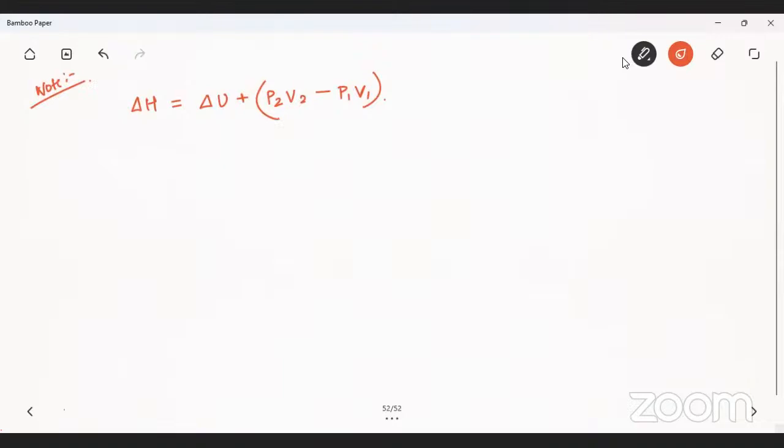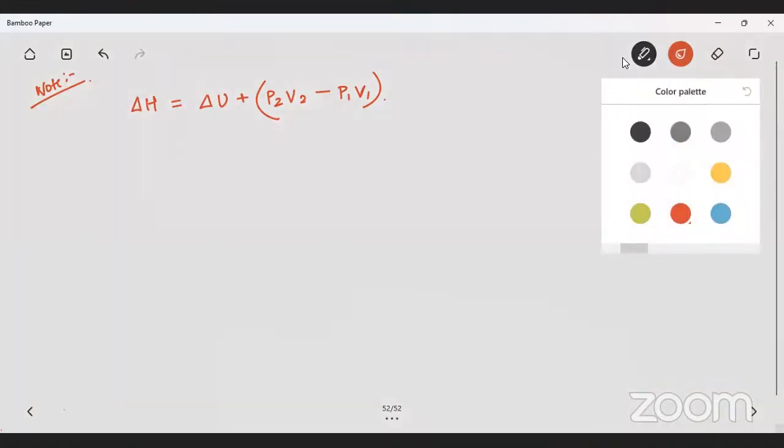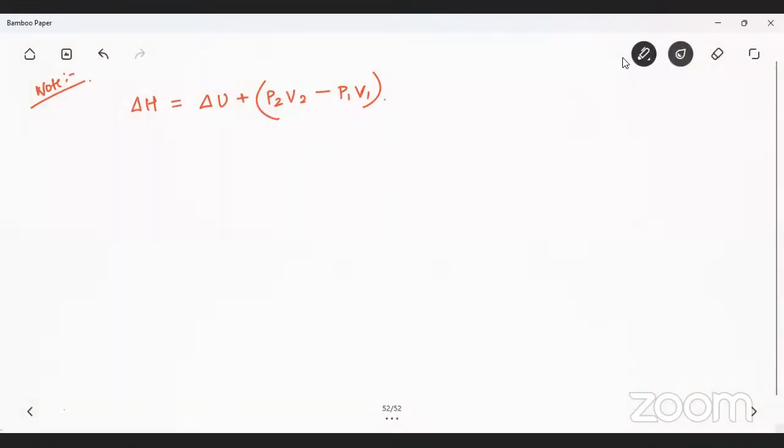Now I will be telling you a list of processes and where to apply what. These are the basic things we will be learning for every category. So let's now do the calculation of delta H. Where to use what kind of formulas?